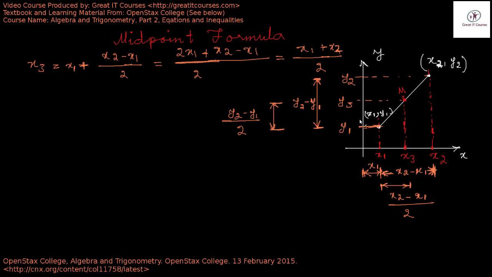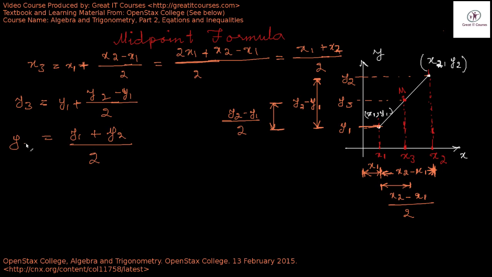And so the whole distance from the origin to point y3 would be y1 plus y2 minus y1 divided by 2. But I'm running out of time here. If you simplify this, you will get again the same thing, which is y1 plus y2 divided by 2.